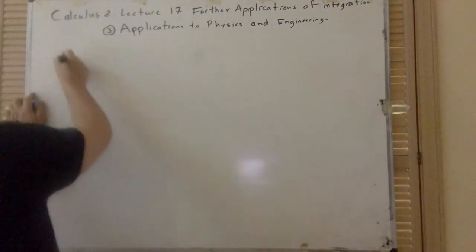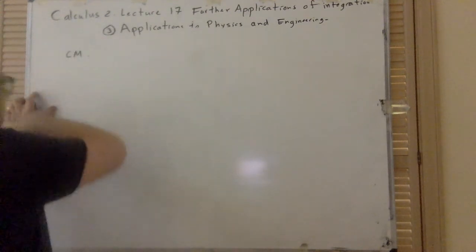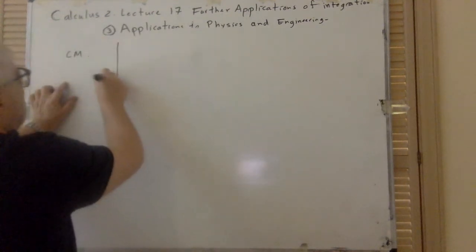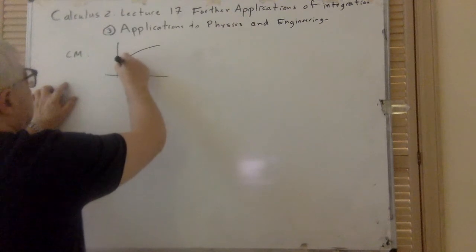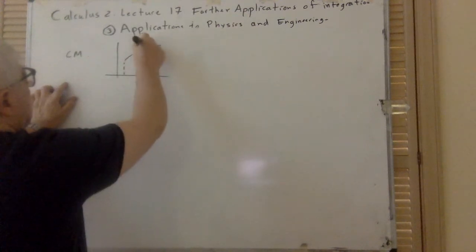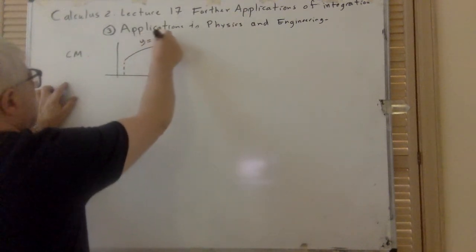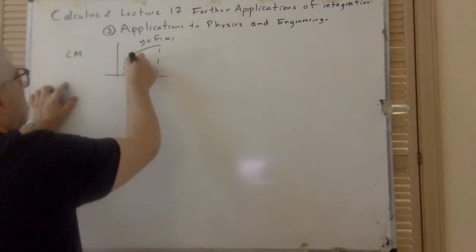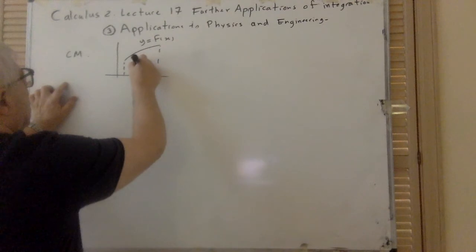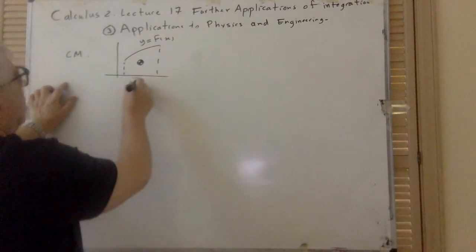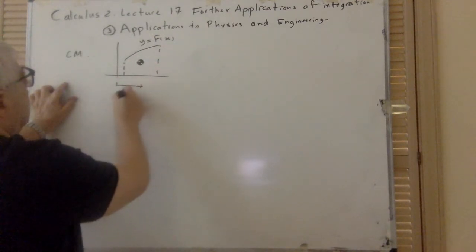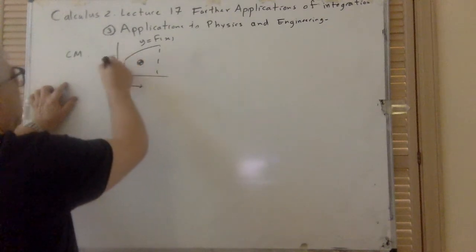Center of mass, Cm, when I have this situation, y equals f(x), the center of mass is somewhere, wherever that is, and it has an x coordinate, x bar, and a y bar.